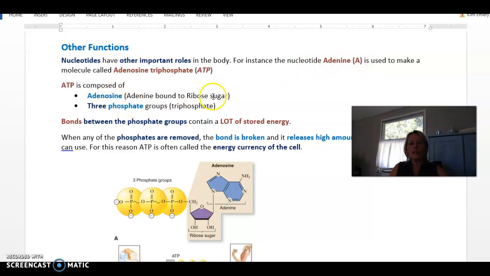And adenine, here, that you're looking at, has a 5-sided ribose sugar, and the adenine is attached to the ribose sugar, forming what is called adenosine. So the adenine base plus the ribose sugar makes a molecule called adenosine. And attached to adenosine, you have 3 phosphates. The bonds that exist between these phosphates hold a ton of energy.